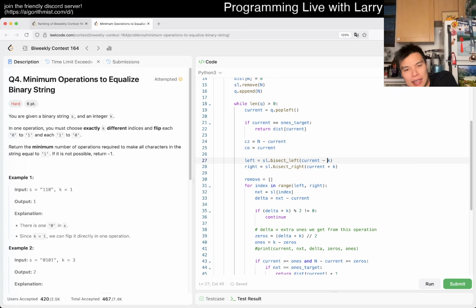So given K, we can remove Z1s. So that's going to be min of this or CO, CO for the number of ones we could remove. And then this for the max number of zeros we can remove.